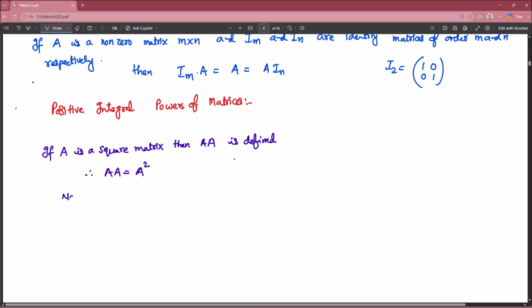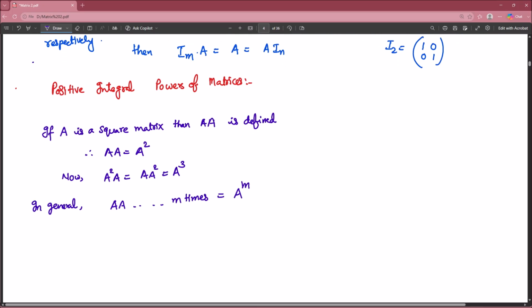Similarly, we can write A square into A is equal to A into A square, which is equal to A cube. In general, A into A up to M times is equal to A to the power M.